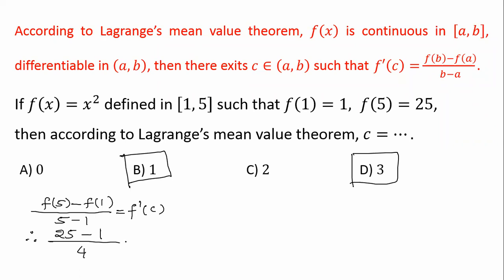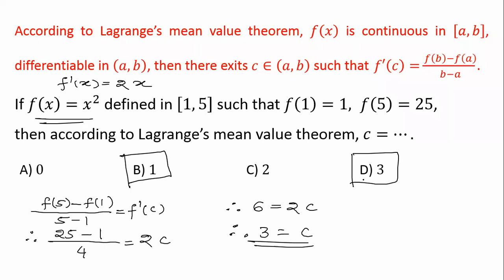Upon 4, that is equal to... f(x) equal to x square, so f dash of x is equal to 2x. So f dash of c will be equal to 2c. Therefore, 24 upon 4, how much? 6. That is equal to 2c, and therefore 3 is equal to c. So D is the correct option.